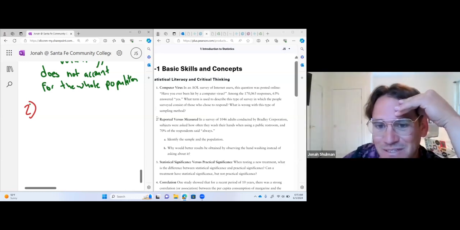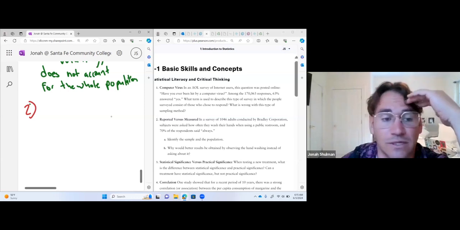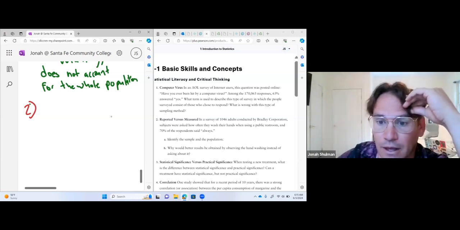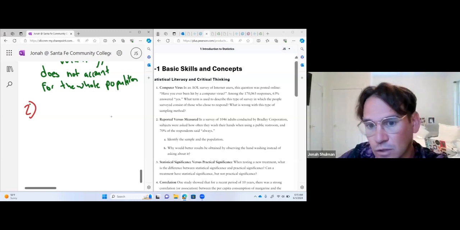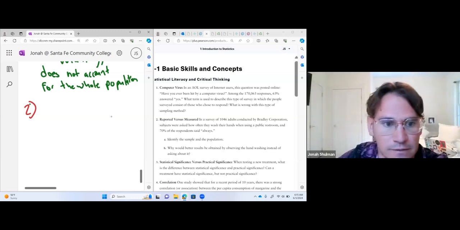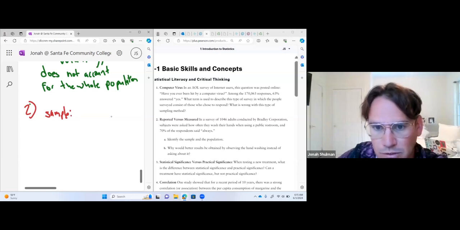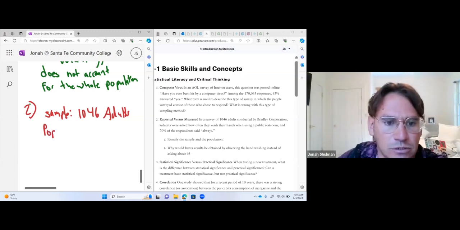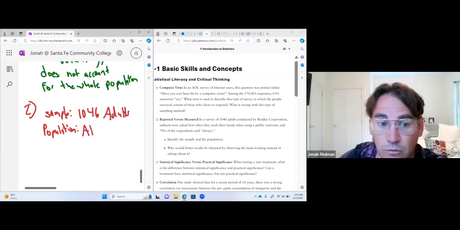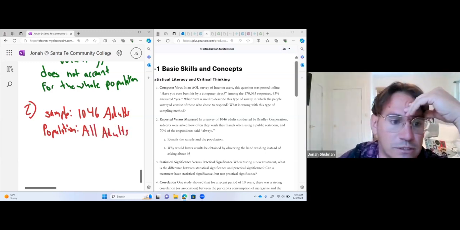Obviously, the problem is people want to seem good, so that's the bias here. That's what B is. So I would just watch the people, because these people are lying to seem good. But A, the sample's a small group. So the sample is always the number, so that's 1,046 adults. And then the population, they're trying to get all adults. That's who they want. Simple as that.